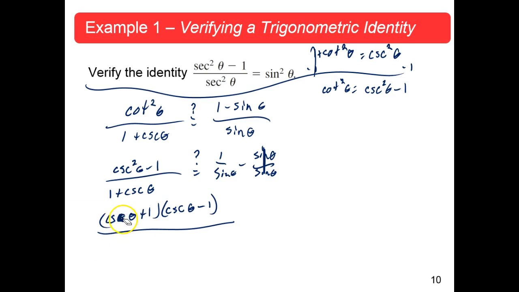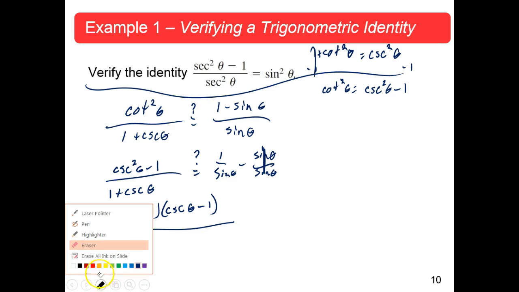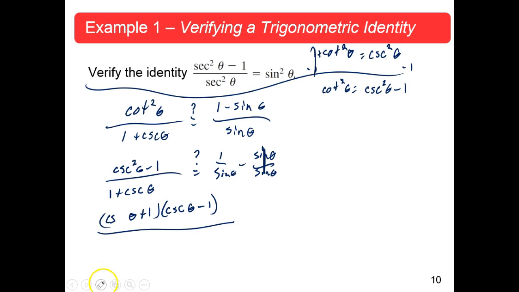Because it's just an addition. I'll rewrite this as cosecant theta plus 1. Okay? And guess what? These go away, don't they?